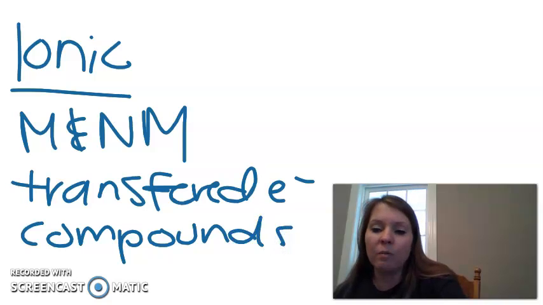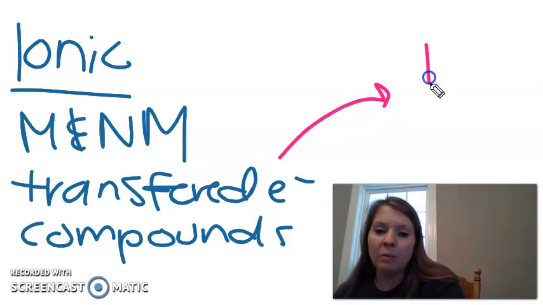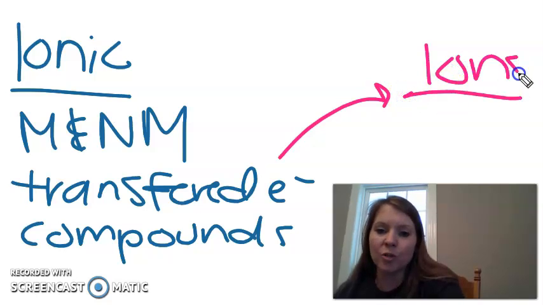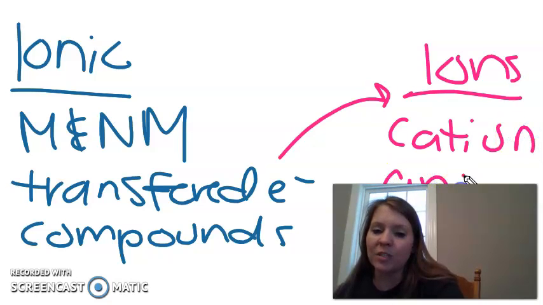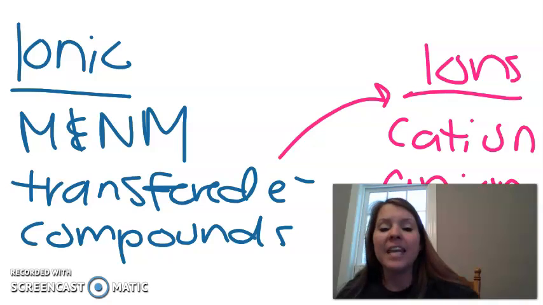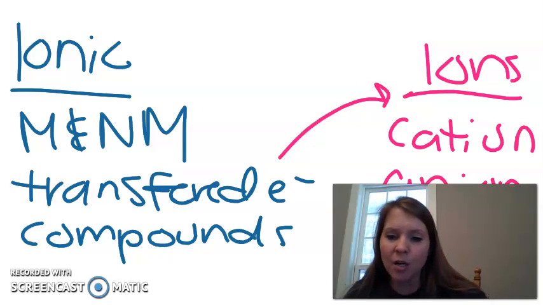Now, just a little side note, remember we transferred electrons and we made ions, which were charged particles. We had a cation, which was positively charged, and we had an anion, which was negatively charged. The reason that they become charged is because they are trying to seek that noble gas configuration.